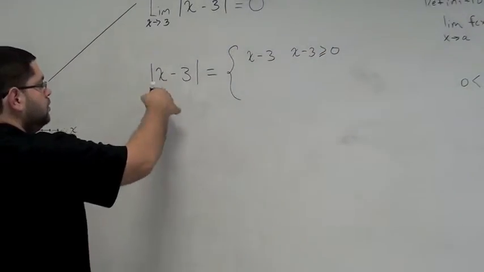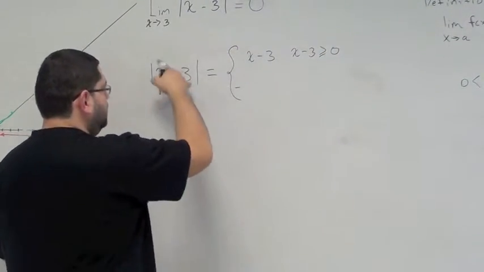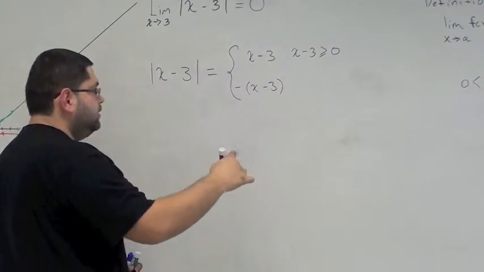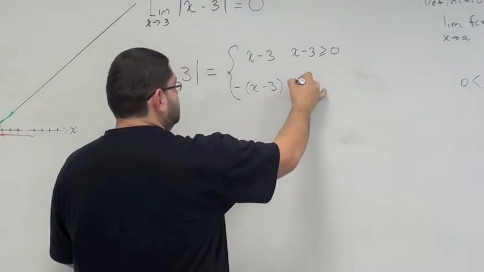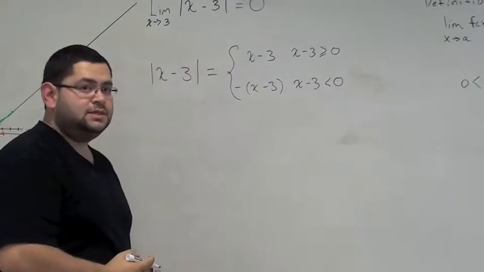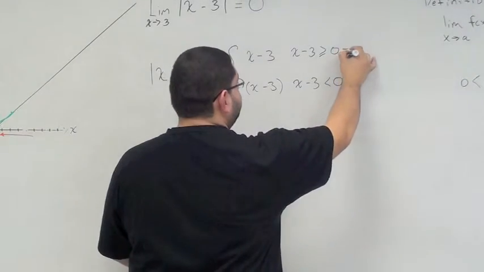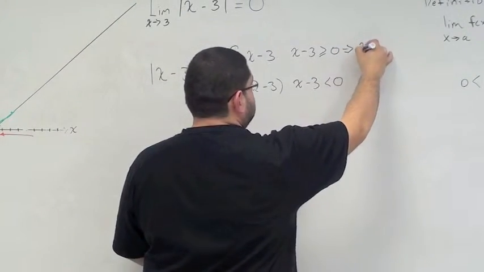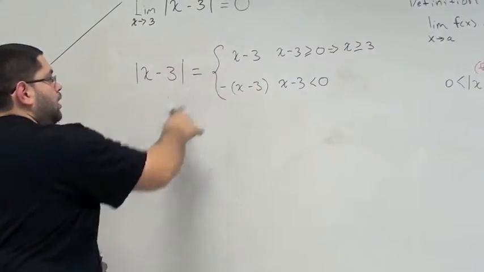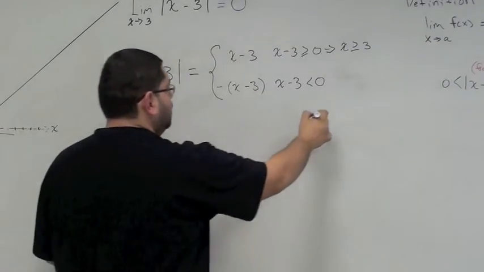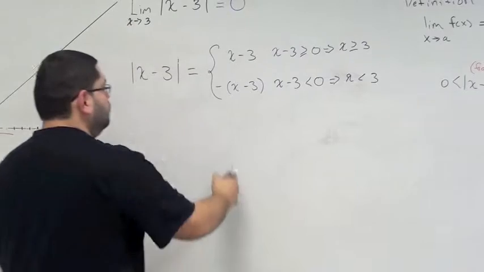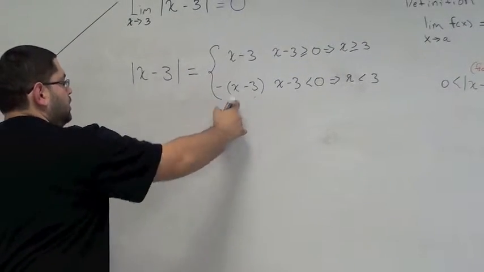And then I'm going to multiply the inside of the absolute value by a negative as long as what is inside the absolute value is less than 0. What this means in terms of x is, as long as x is greater than or equal to 3, we're going to use x minus 3, and as long as x is less than 3, we're going to use minus (x minus 3).